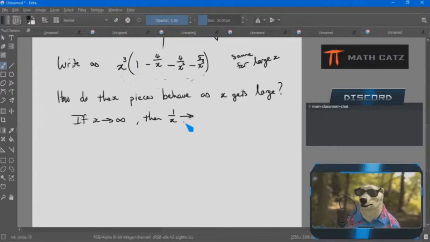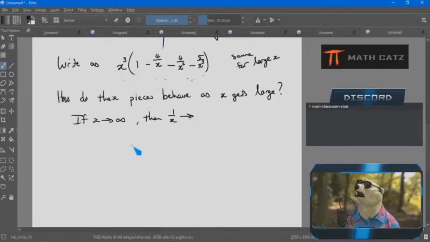How does 1 over x, the fraction, behave when x, now the denominator, gets really big? How do I feel about that? Do I have a sense of what that fraction is doing? What is happening to that fraction?